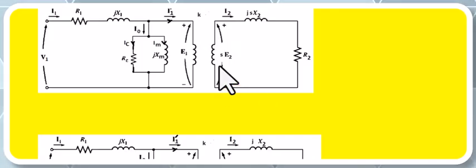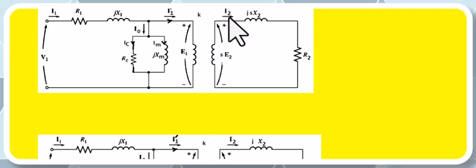And this is the rotor circuit. Here S is slip, and E2 is the induced EMF in the rotor per phase when the rotor is at standstill condition. When it is multiplied with S, then it's called the induced EMF in the rotor per phase under running conditions.